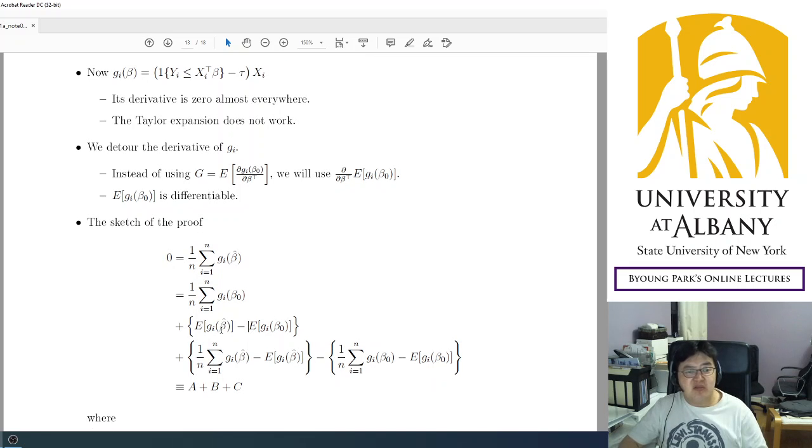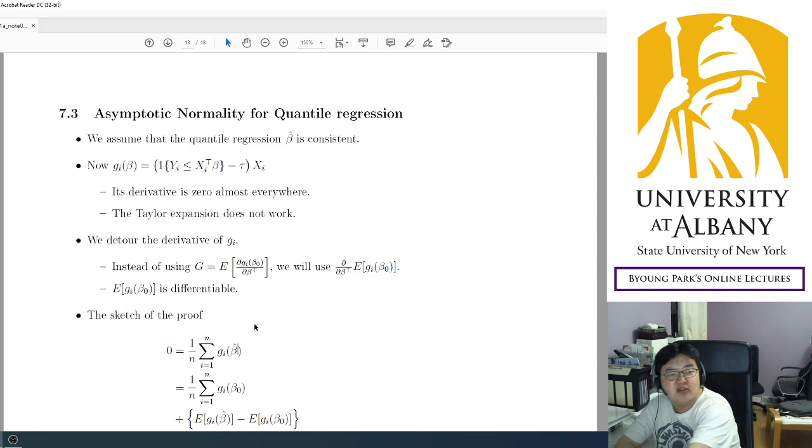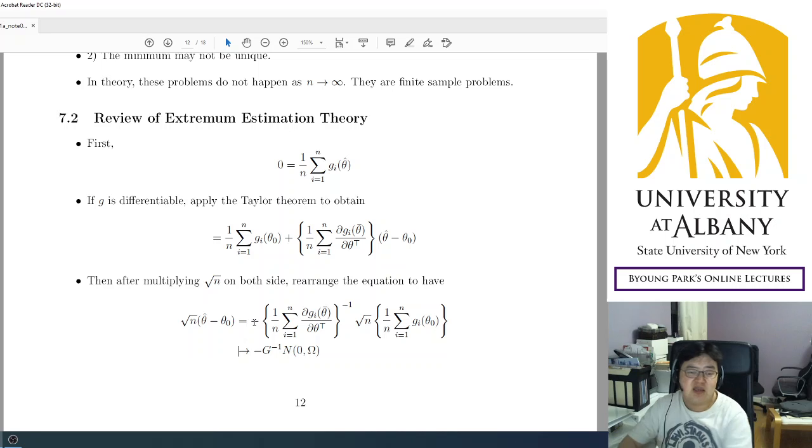So in the previous standard case, we just use the finite sample approximation, but the problem here is everything must be differentiable in the finite sample. But now we have a problem in the differentiability.